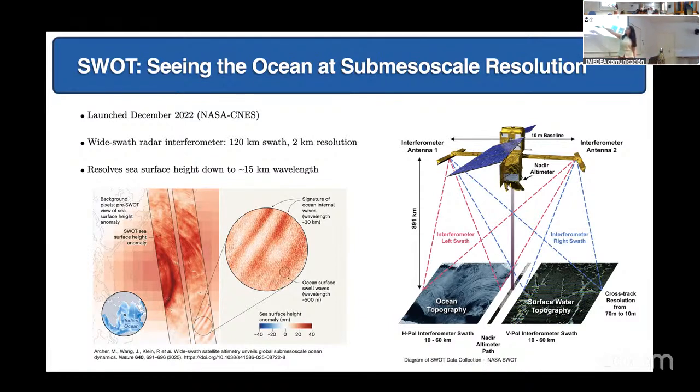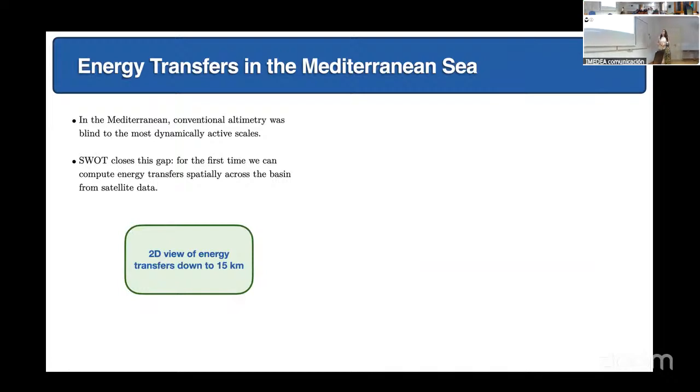Here in the background, there's the conventional altimetry signal, and superimposed, we have the SWOT data that has more resolution, and we see also these internal waves. So now we have better resolution.